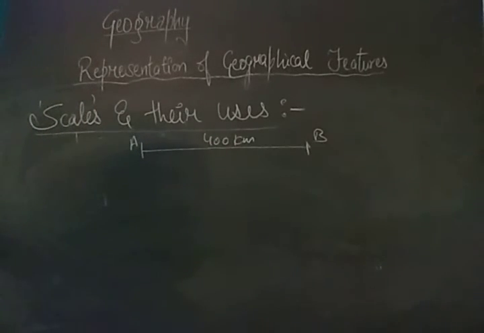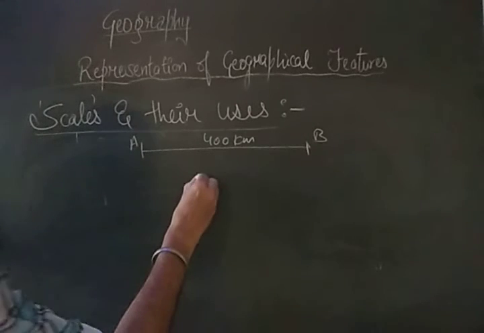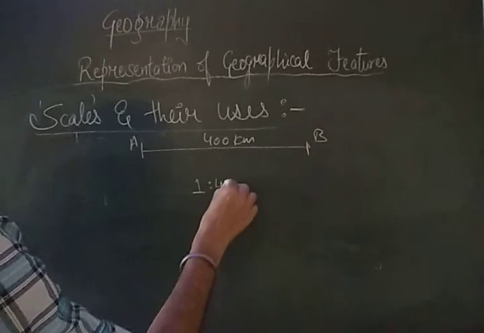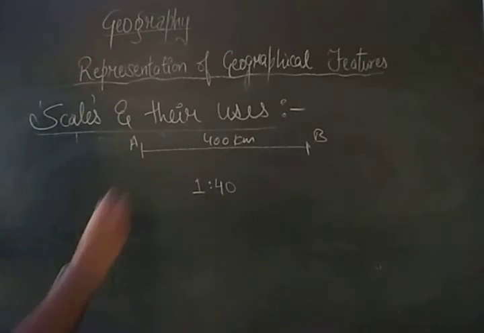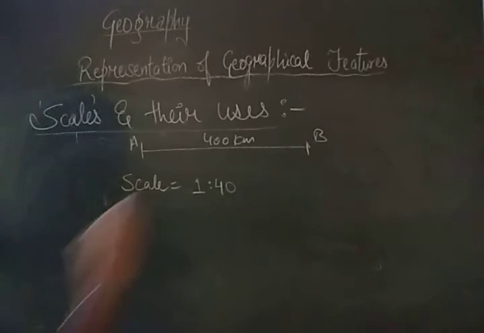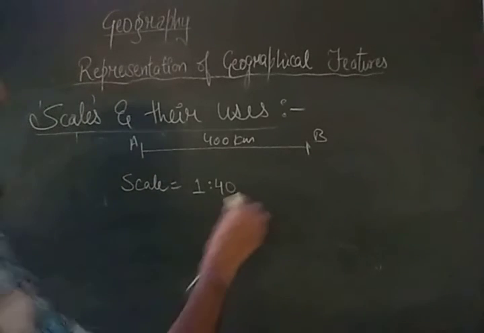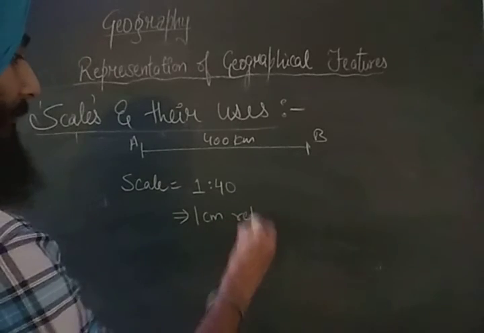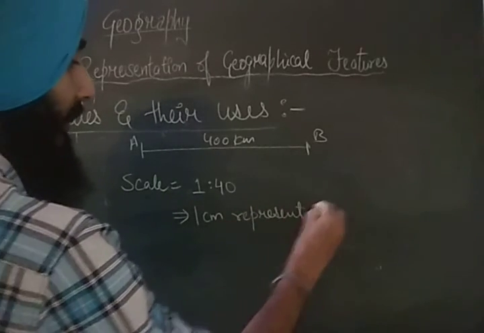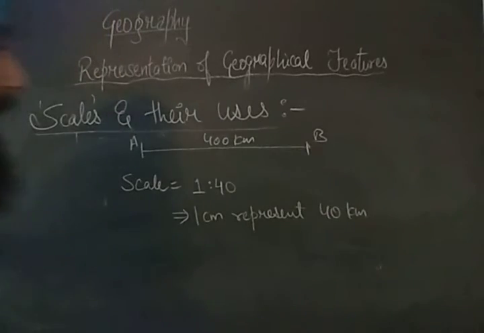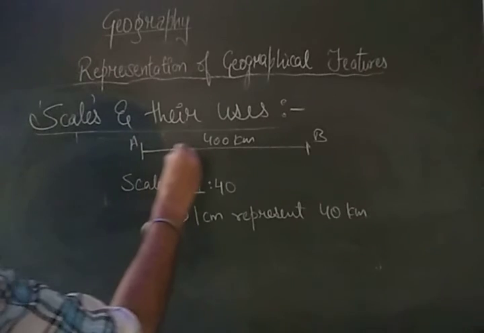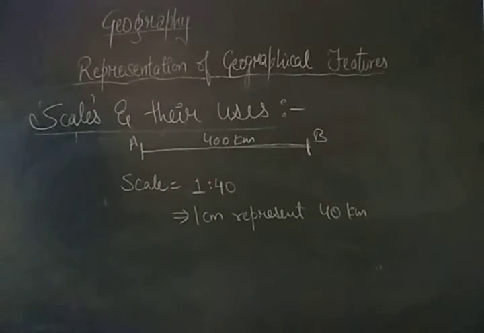Now suppose there are places A and B which are 400 kilometers apart from each other. I take a scale of 1:40. 1:40 tells us that 1 centimeter on the map represents 40 kilometers on the ground. The actual distance between point A and point B is 400 kilometers.